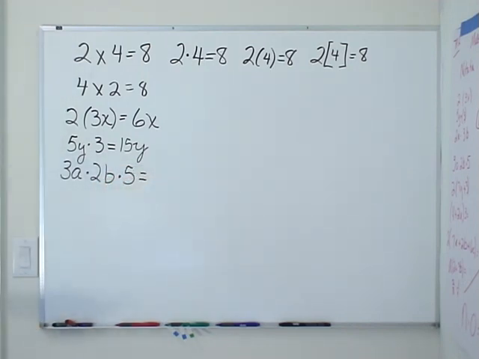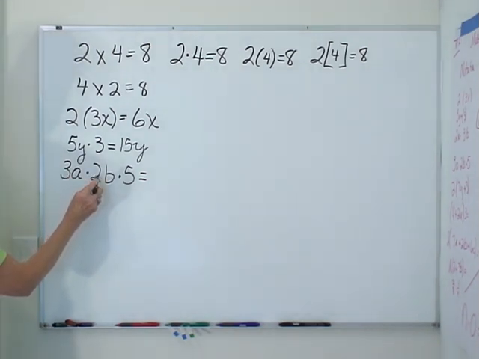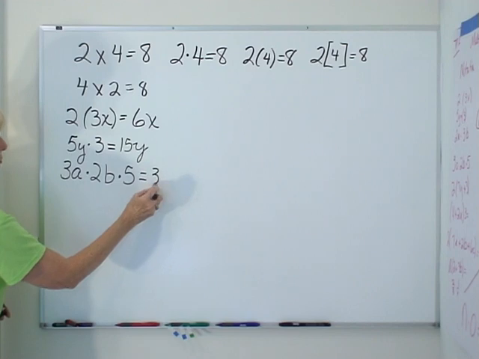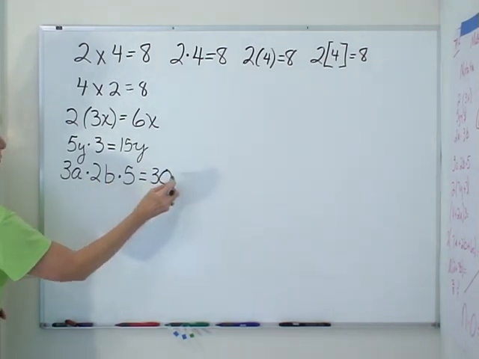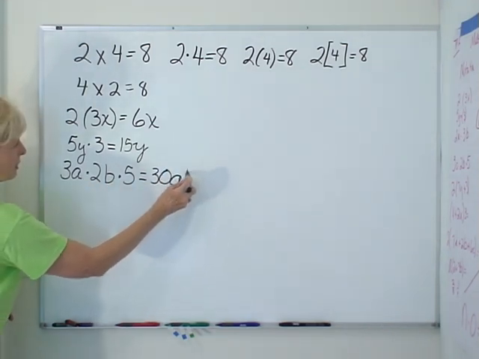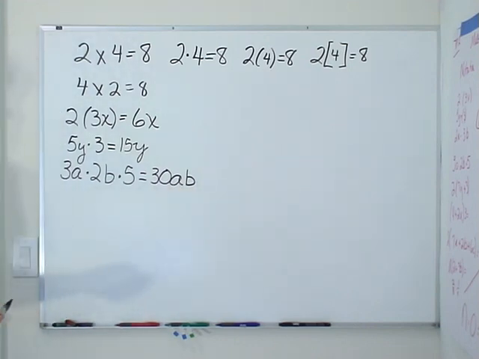And if you want to multiply those all together, go right ahead. You've got 3 times 2 is 6. 6 times 5 is 30. And a times b, we write it this way, ab. And that really means 30ab. 30 times a times b, 30ab.